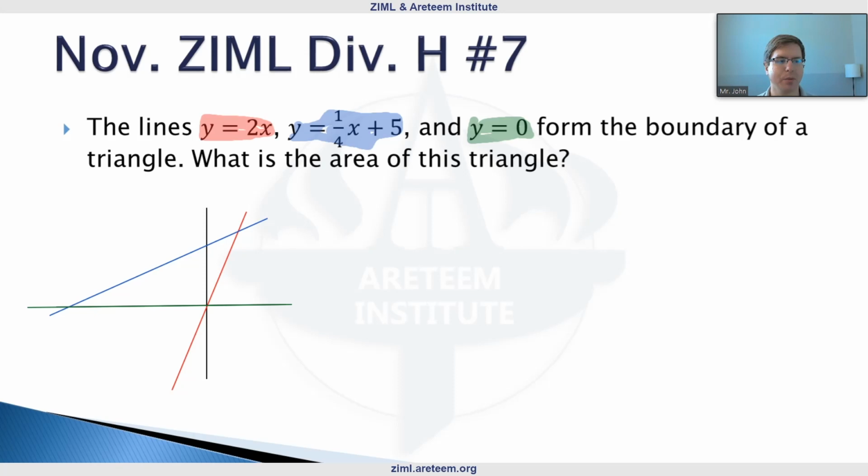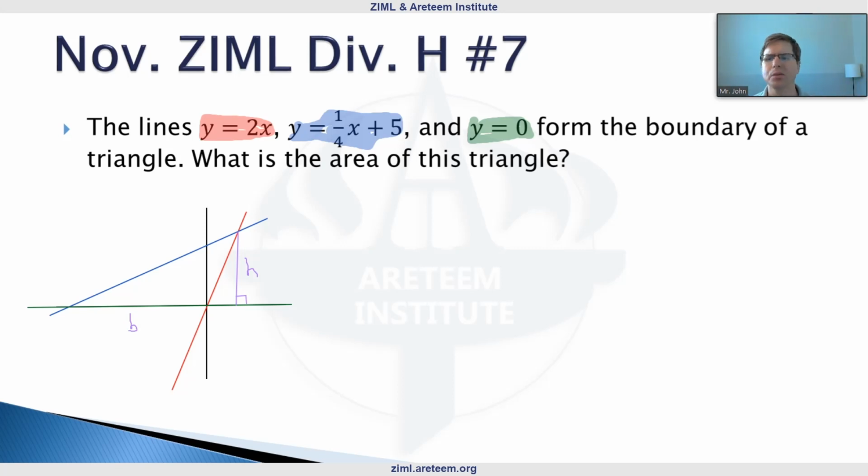So if we start labeling those things, pretty clearly this is our base at the bottom. And then remember, the height is always going to be perpendicular to that base. So if we drop this perpendicular down right here, that's going to give us our height of the triangle in this problem as well. So now we have that rough idea of the geometry.